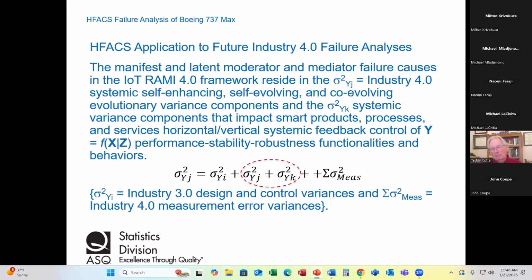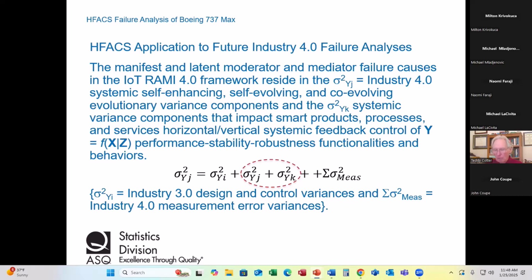So there is a performance, stability, robustness trade-off that will still exist in the Industry 4.0 cyber physical systems. We cannot get around that. That's the physics of the world we live in.